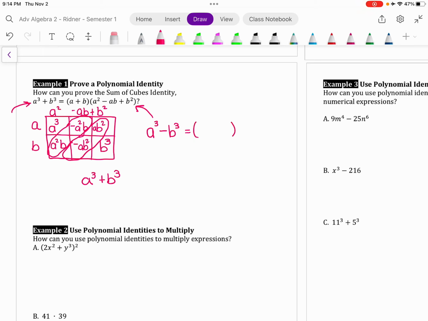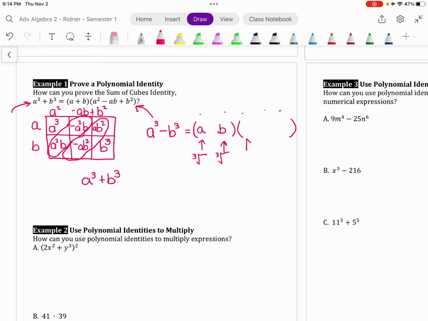It will always factor as a binomial and a trinomial, meaning 2 terms and then 3 terms. And what we do is take the cube root of our first term and the cube root of our second term. So in this case, the cube root of a cubed is just a. The cube root of b cubed is b.